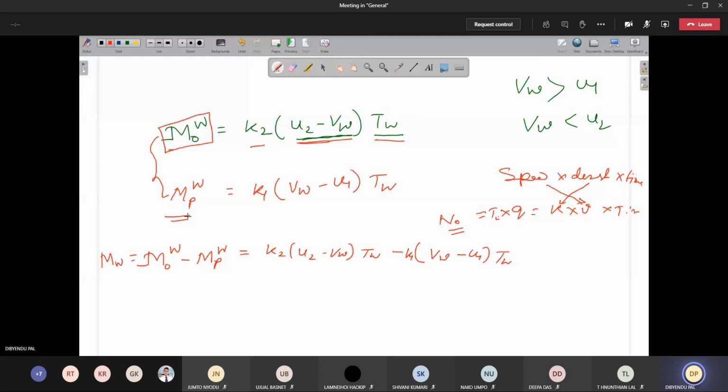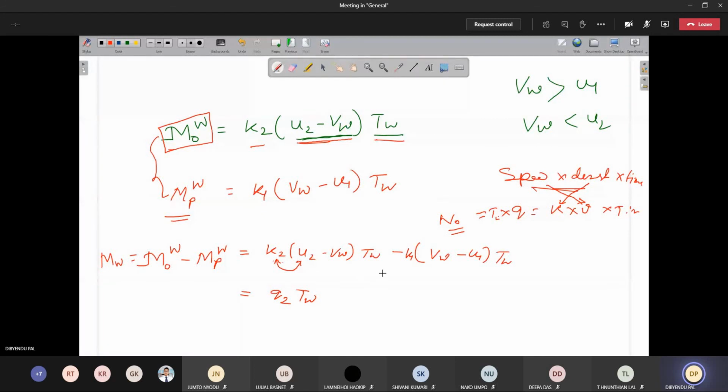Can you see? Now what is K2 into U2? Density into speed is flow. So here you can write Q2 into TW. This K2 into U2 I have written in terms of Q2.